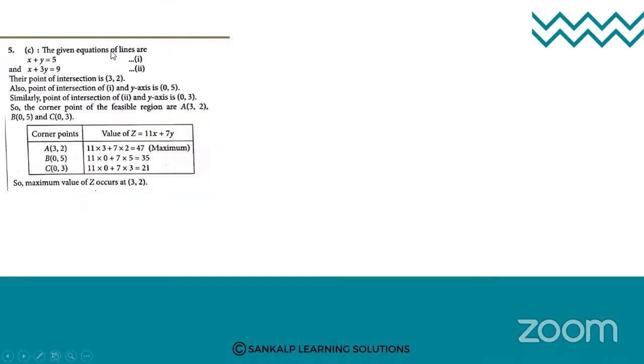The given equations are of the form x plus y is equal to 5 and x plus 3y is equal to 9. When you solve this, you will get the point of intersection, and that is 3 comma 2. Similarly, after finding the corner points, we need to substitute. When we substitute, you can see the values are 47, 35 and 21.